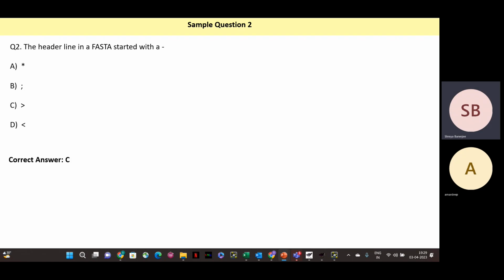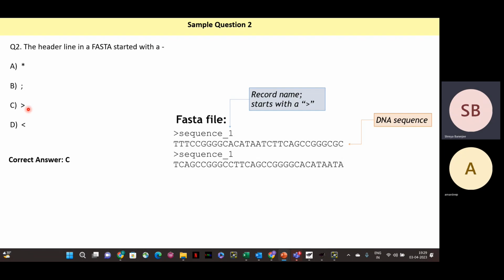The correct answer is C, which is a greater than sign. If you remember, the first line before the single letter code is always a greater than sign, and then the name is given or the organism from where it comes, and then the sequence.